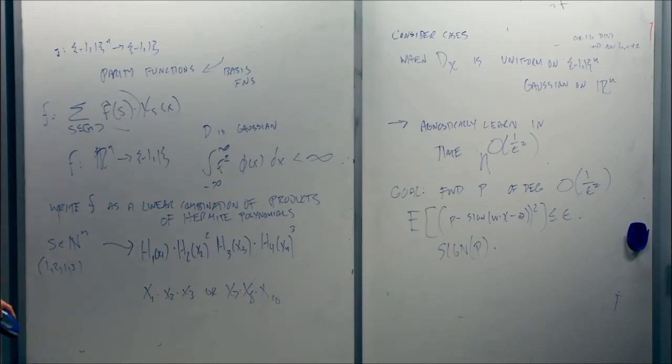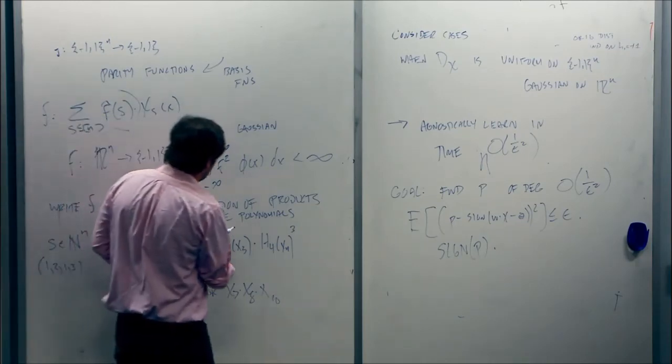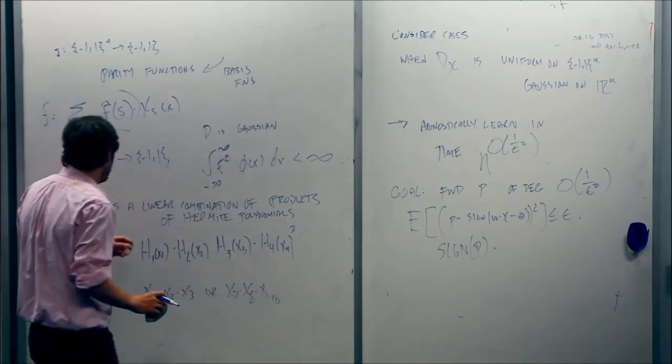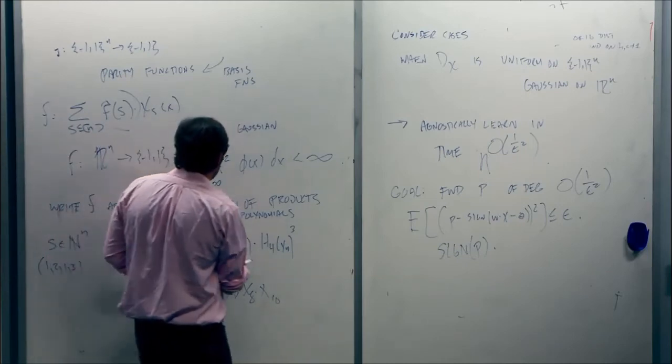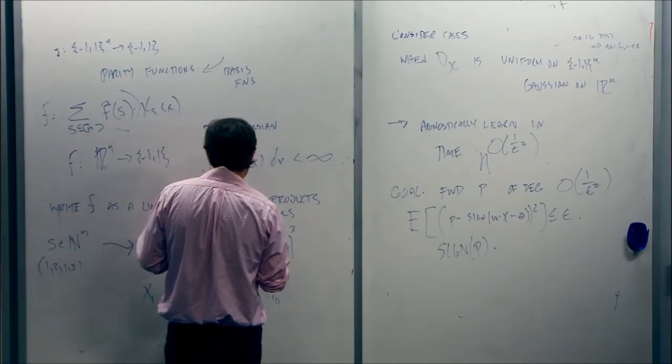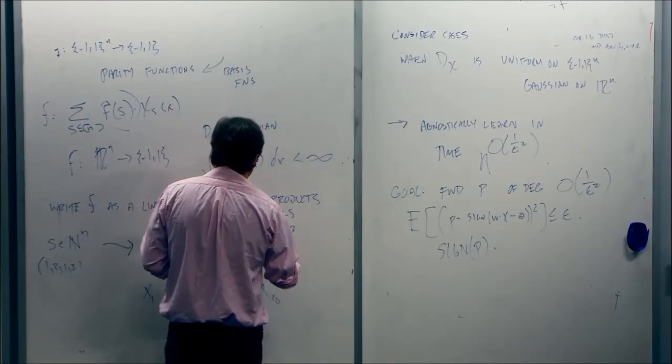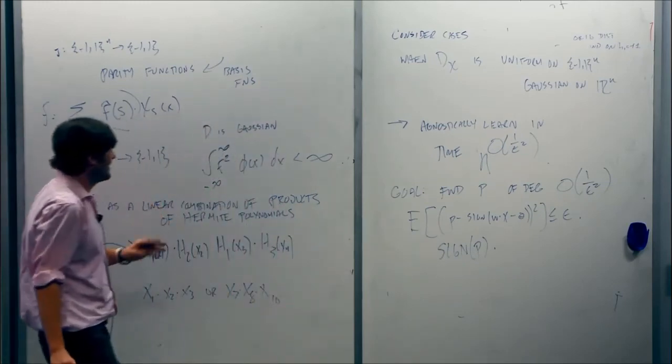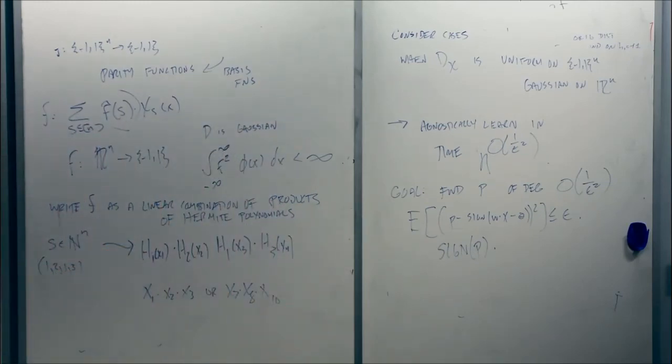Yeah, so h2 is for the 2. Oh, yeah. Sorry. It's h1 of x1, h2 of x2, h1 of x3, and h3 of x4. Sorry. Yeah. You're right. All right. Thank you. Yeah. Thanks.